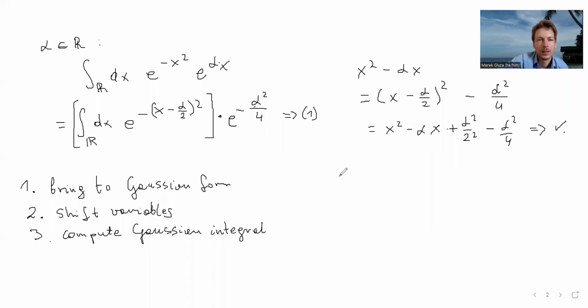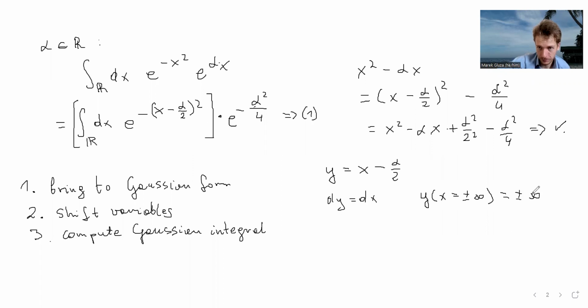Maybe I can fit this on a page. Okay, let me define y equals x minus alpha half, so dy equals dx. And when x is equal to infinity, then y is also plus minus infinity, which means that my integral I of alpha, I can write this as again over the real line.